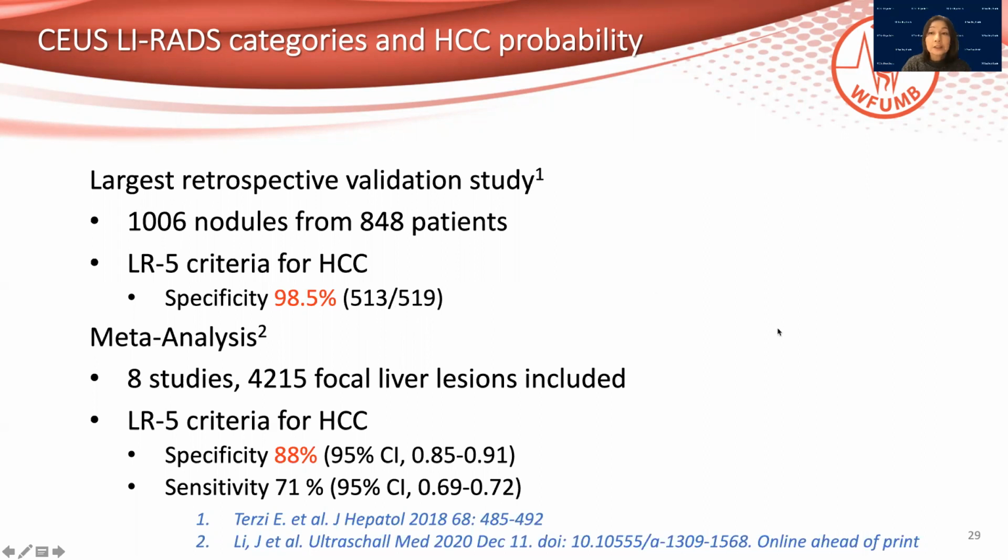Other things, like the probability of LI-RADS 4, 3, 2, 1, or sensitivities, are important, but not as important as the specificity of LI-RADS 5 for HCC. However, a recently published meta-analysis showed LI-RADS 5 specificity for HCC to be 88%, lower than we would like.